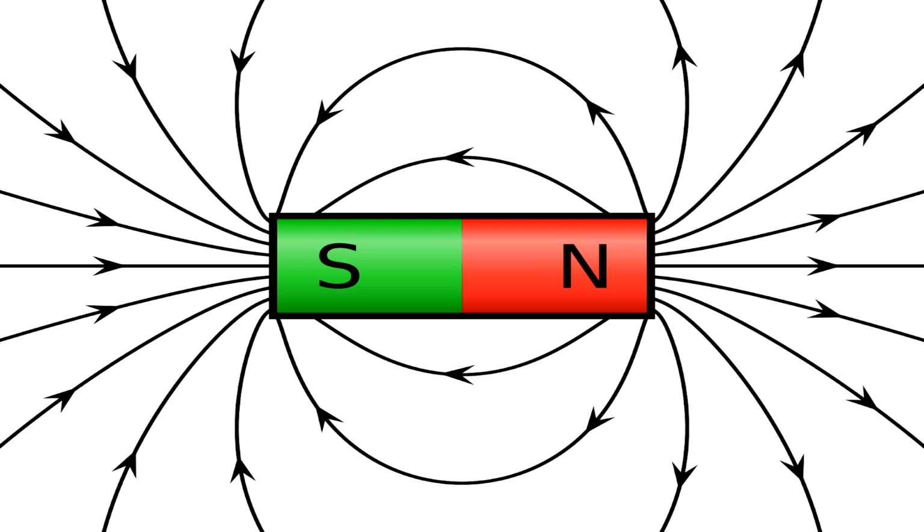Now we should learn the properties of magnetic field lines. We have some main properties. First, magnetic field lines always start from the North Pole and end at the South Pole. And second property, maybe you've noticed, magnetic field lines never cross each other.